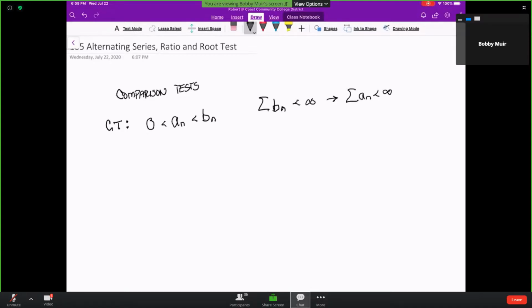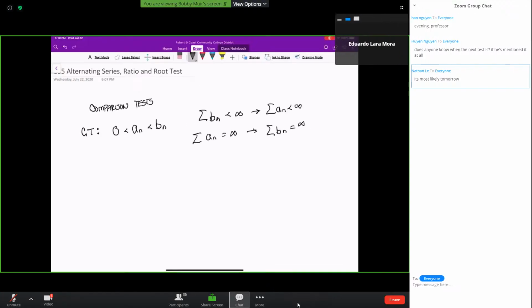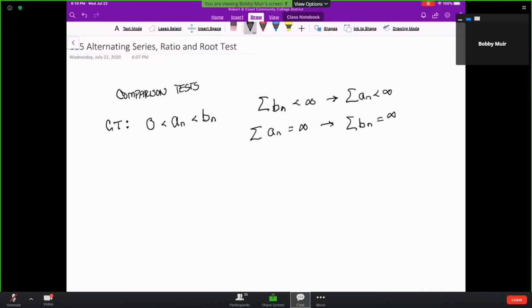And it also said if this guy adds to infinity, then that would imply that this guy adds to infinity. Maybe today, certainly tomorrow, we're going to do a really hard problem in one of these sections where all of our slick and clever tests don't work, and we have to go all the way back to this stuff. Okay, and then we had a limit comparison test.